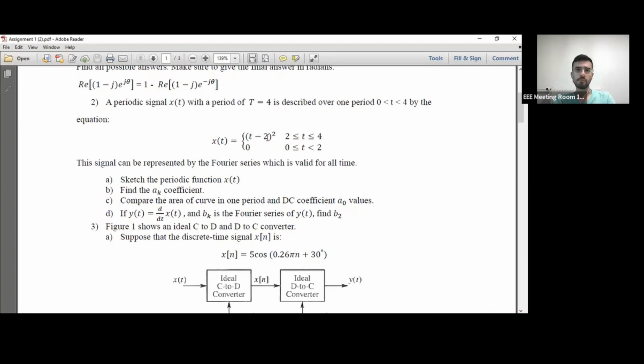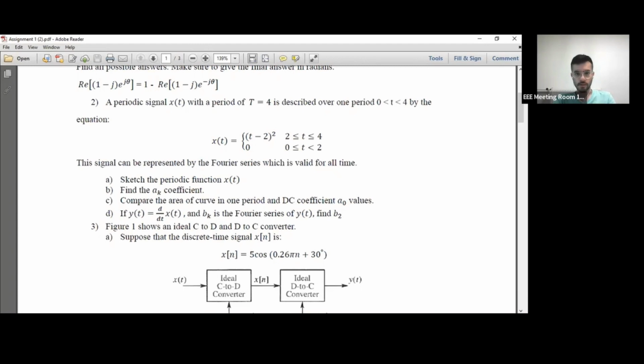This is for one period, and we need to sketch several periods. It didn't ask us for a specific range, so we can sketch just 3 periods, and we can put 3 dots at the end, on both sides.